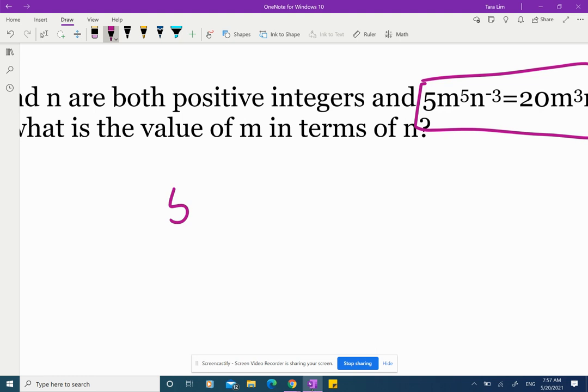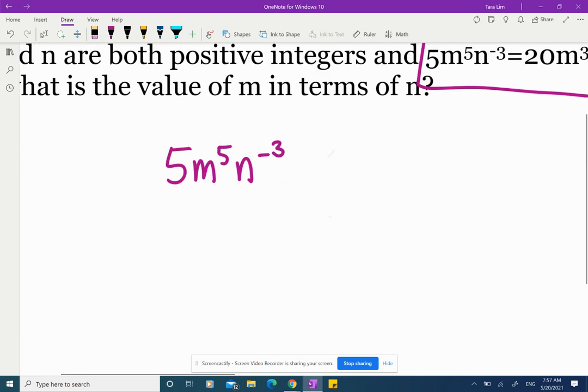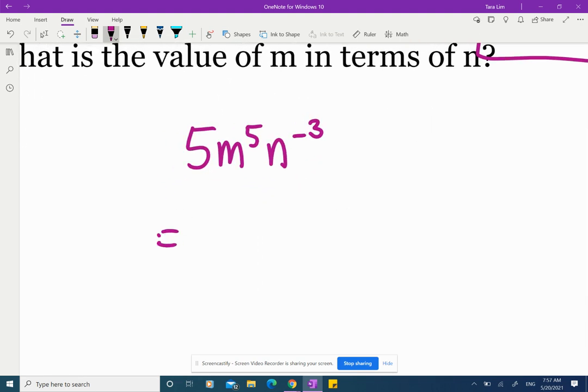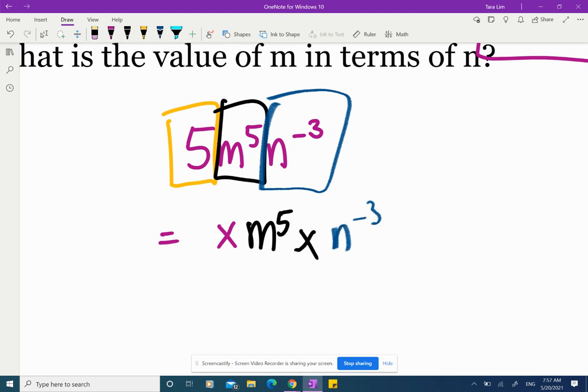So we know that in 5m to the power 5 and n, you can see that all of the letters or numbers are sticking together. What they really mean is that this is the same as 5 times, so let me use another color. 5 is a number, m is a different thing, and n is another different thing. So you're going to write 5 times m to the power 5 times n to the power negative 3.